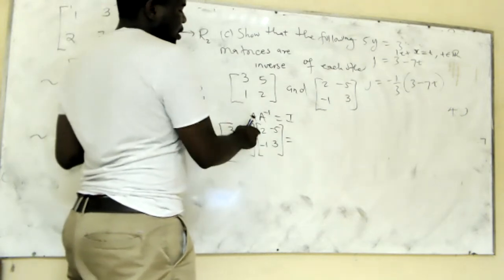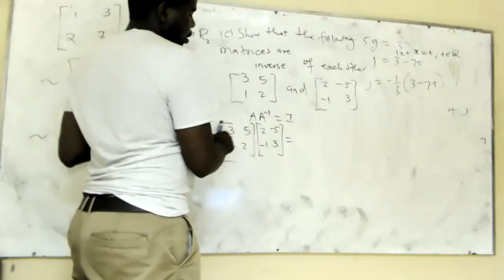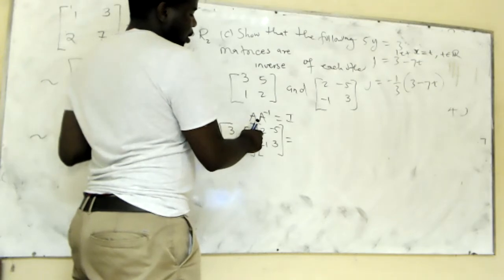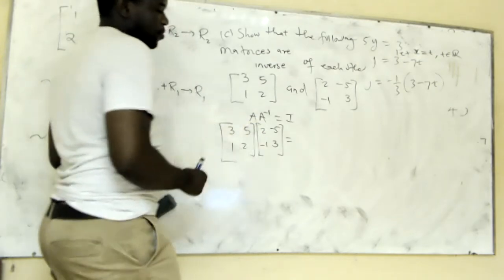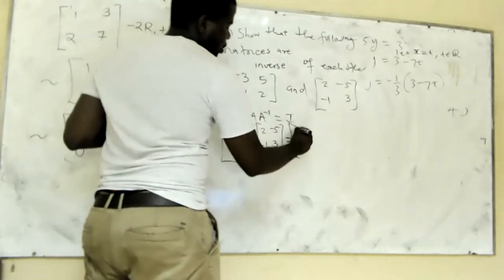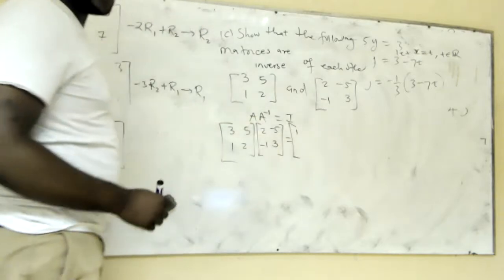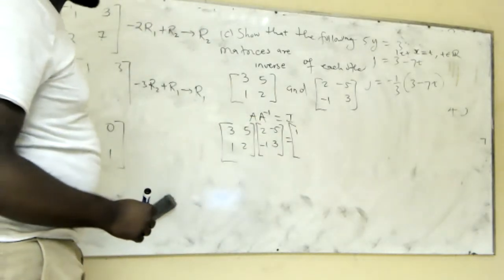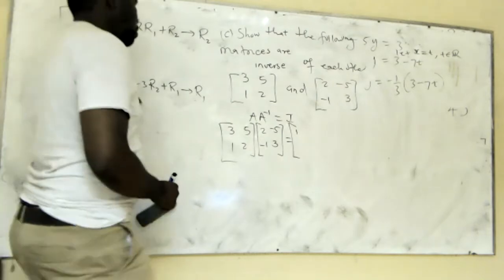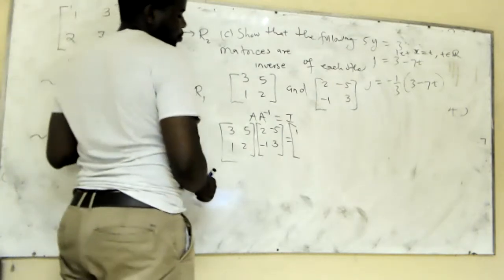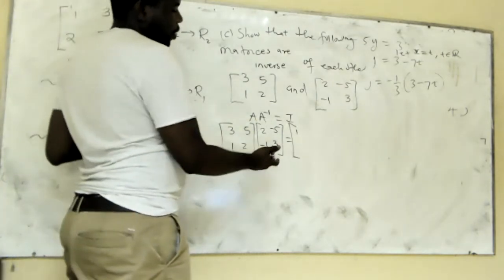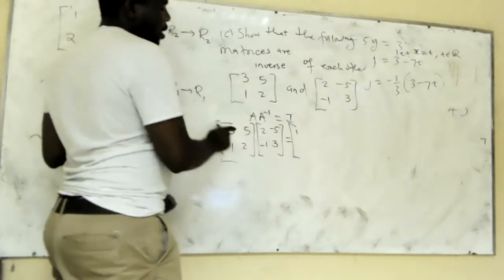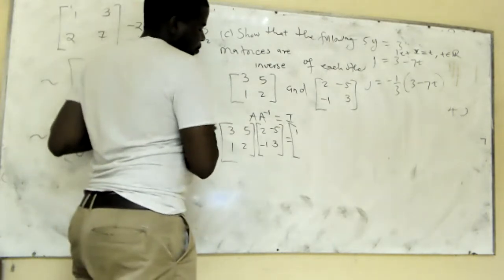So it's going to be 6 minus 5, which is 1. Did you all see how we obtained that one? It's 3 times 2 plus 5 times -1. Yes, exactly.